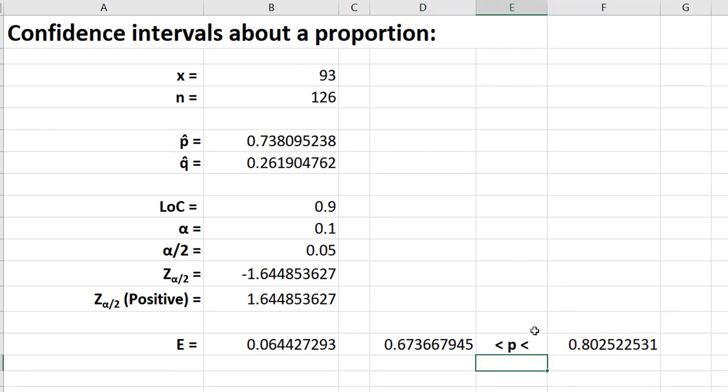This means that if I were to go out and get the entire population proportion of those who would find surveys to be untrustworthy at the 90% level of confidence, I can be sure that it will be between 0.6737 and 0.8025.